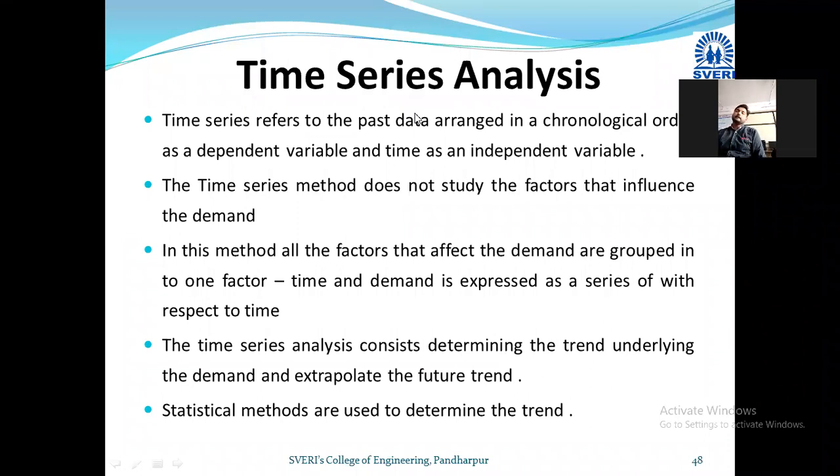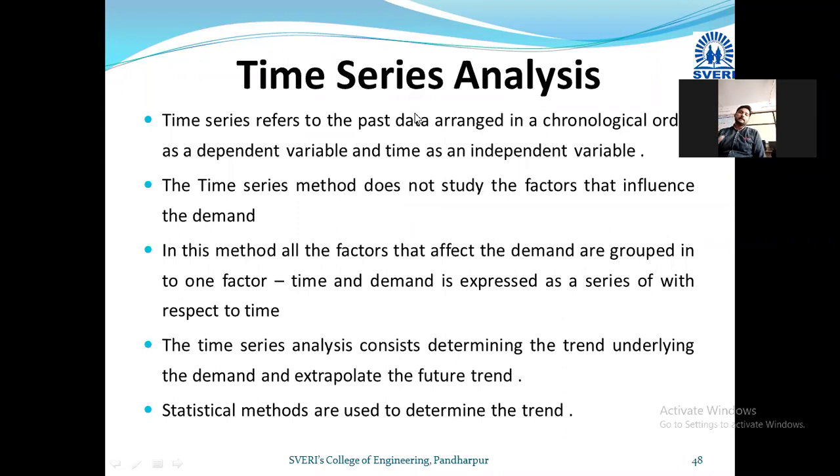So in that case we come to know that there is some relation between the time and the demand of the product in the market. So for the particular year the demand is increased by 1%, 2%, or my growth of sale is 5%, 6%, 10% year on year. And that data, which is time dependent, will be useful for forecasting.